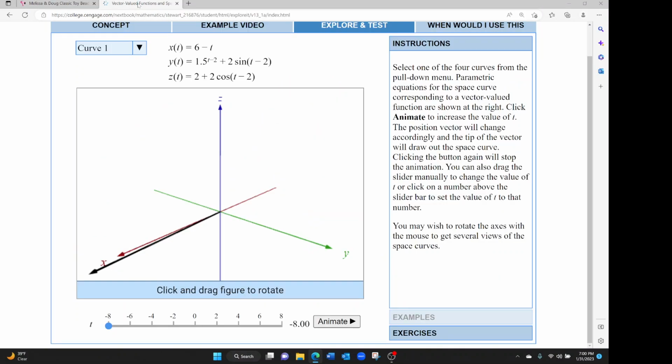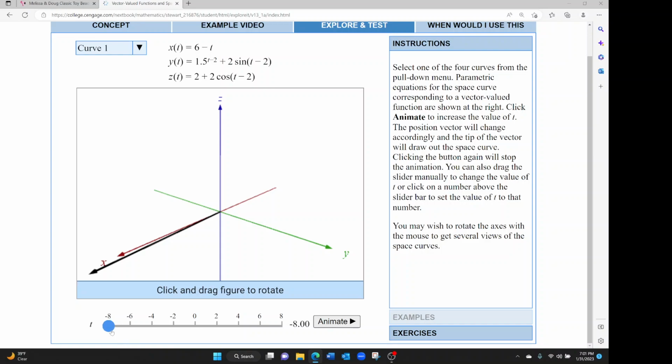I also wanted to look at this vector valued function. This just comes from our textbook, and I'm just going to animate it. This one's not a line, this one is a curve. They have the x component being 6 minus t, and 1.5 raised to the t minus 2 plus 2 times the sine of t minus 2. And the z component is a cosine, and it's a pretty gnarly function. I wouldn't want to pick points, but here are the points for t that we're choosing.